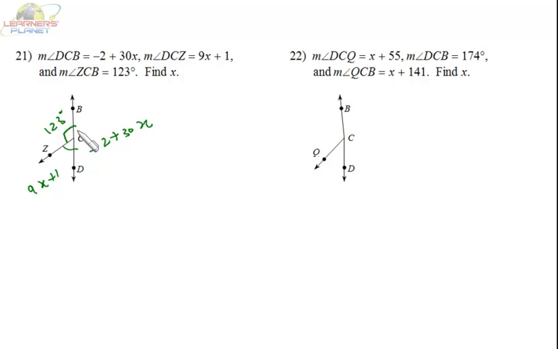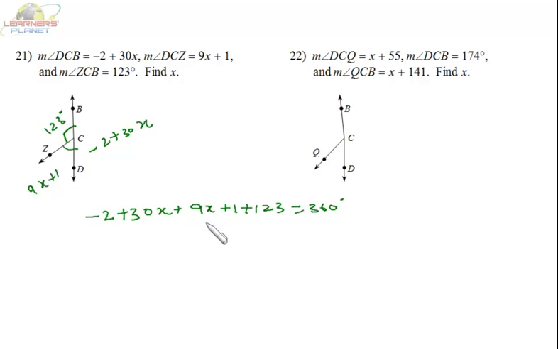So let's add up all of them and equate them to 360 degrees. Okay, so it's minus 2 plus 30x plus 9x plus 1 plus 123 is 360.